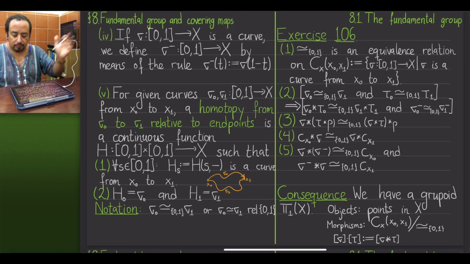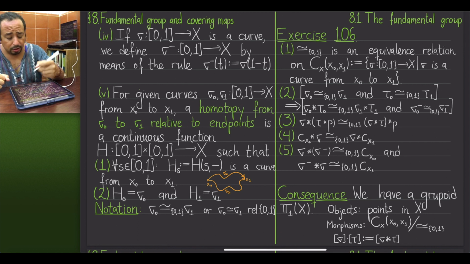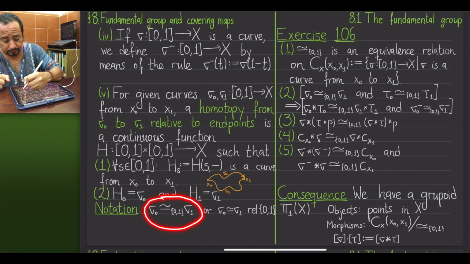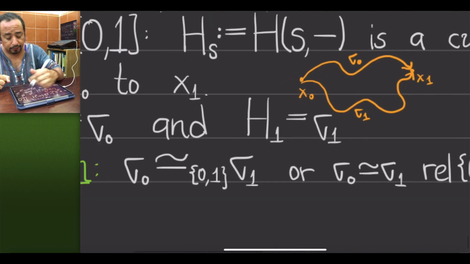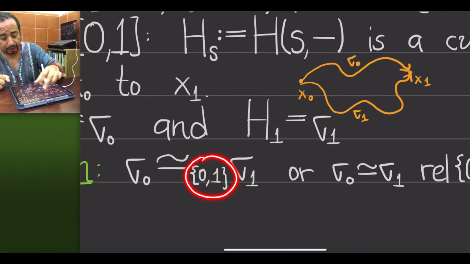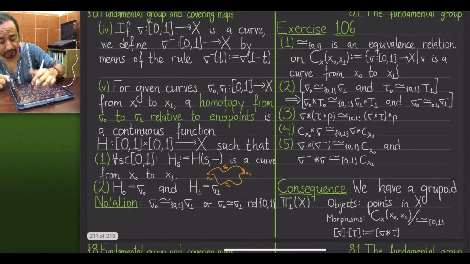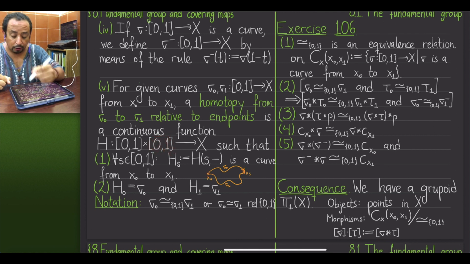So now notation. Sigma naught homotopic to sigma 1, and relative, you see, relative to endpoints. So this really is relative to 0 and 1 in the domain of the curves.